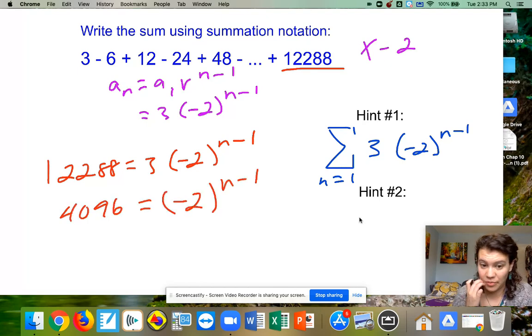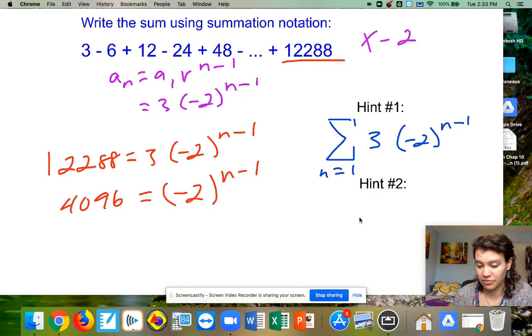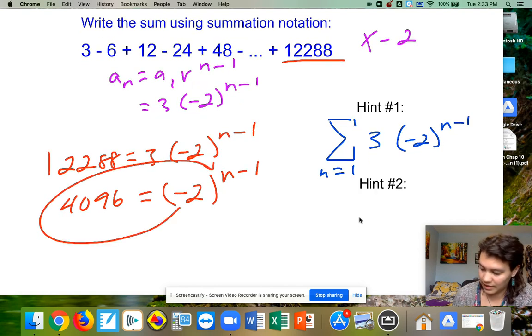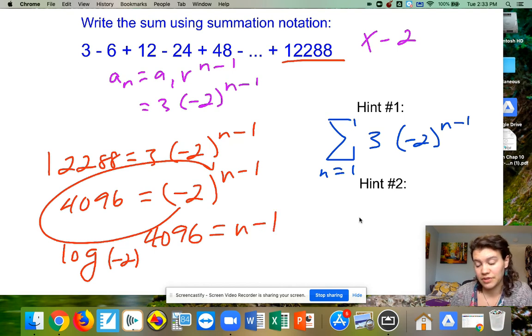And then this is where you have to remember how to solve. We've done this kind of solving before, but you can rewrite this as an exponent and get log base -2 of 4,096 has to equal n minus 1. At this point, you can type this log into your calculator, but a note, this is going to have to become positive because otherwise you can't take the log of a negative number.